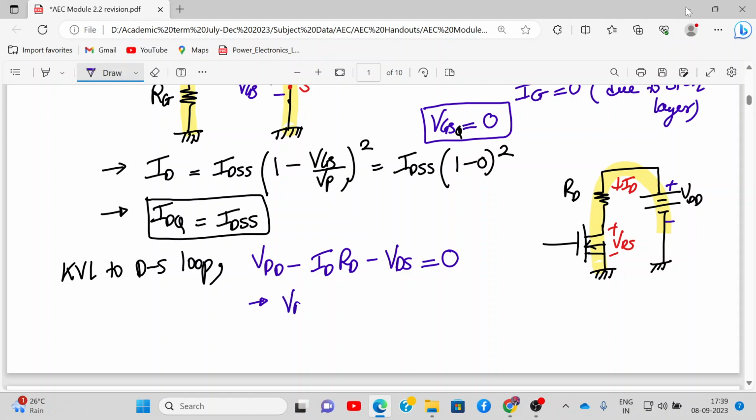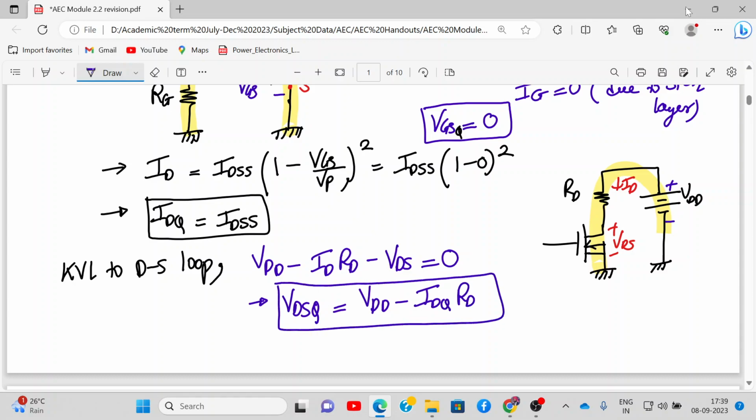So from here, VDSQ is VDD minus IDQ into RD. Got it? Understood this much? You have completed up till here?